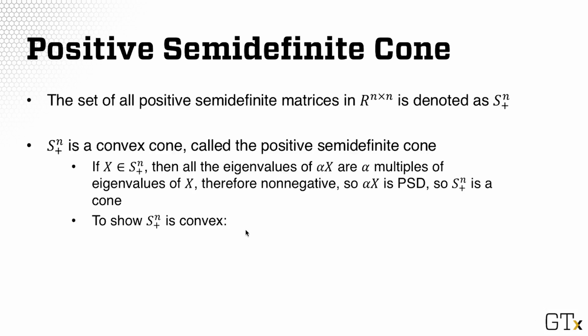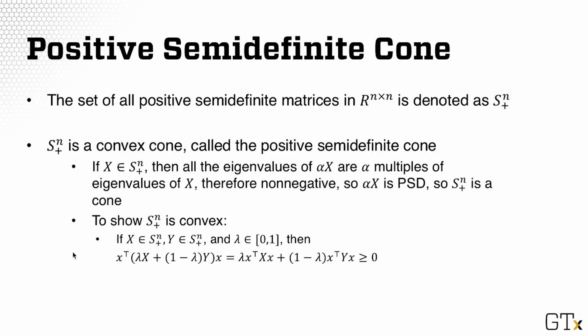And why is it convex? To show this, you take any two matrices X and Y in the positive semi-definite cone, and you look at their convex combination. You see if their convex combination is also in the positive semi-definite cone. To test that, it's easier to use the other definition. The convex combination is lambda X plus 1 minus lambda Y. Then you look at the quadratic function for any x: x transpose times this new matrix times x.